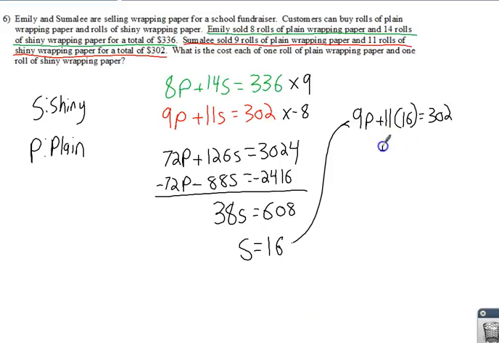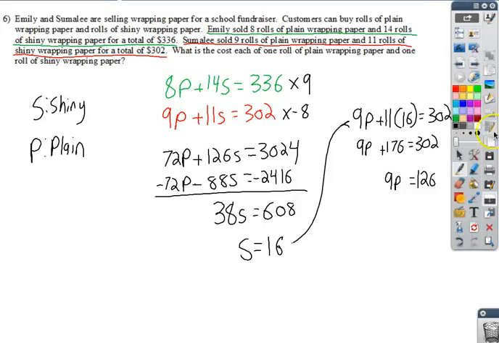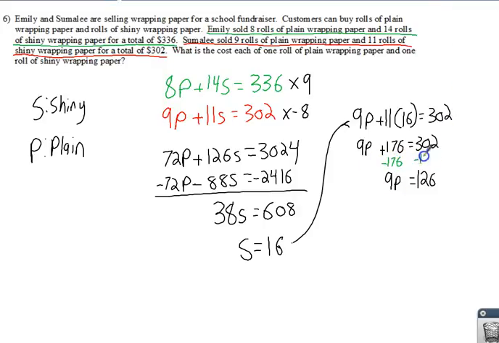That's 176. Equals 302. 9p. Alright, so we do 302 minus that 176. We'll subtract it over if you will. Get 126. Equals 9p. Alright, let's just make sure we show you what's going on here. Now, when I do this, folks, and I do all this, I then divide by 9.